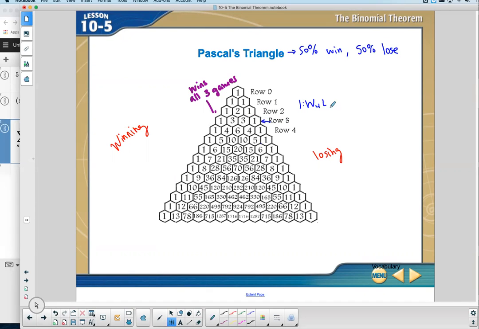We're playing 3 times. For every one person who wins 3 times and doesn't lose, you'll have 3 people who win twice, lose once. You'll have 3 people who win once, lose twice, and you'll have 1 person who doesn't win at all, who only loses. Do you follow the concept here of what these numbers represent?